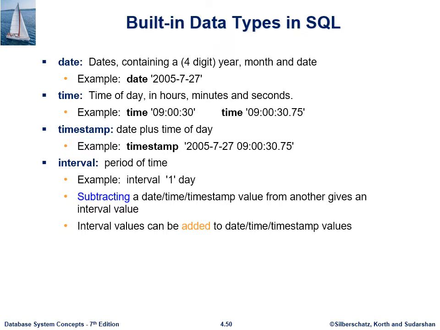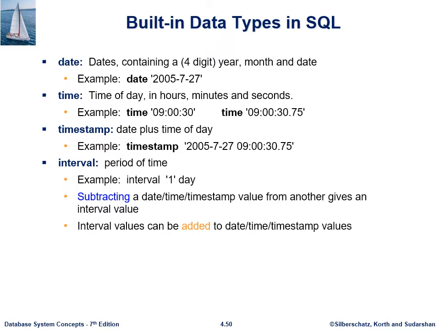The year will be 4 digits, and the month 1 or 2 digits, and then the date will be 1 or 2 digits, as in this example. Next one will be the time in terms of hours, minutes, and seconds, in this format. Next one will be the timestamp. That means we just combine date and time together, separated by a space.